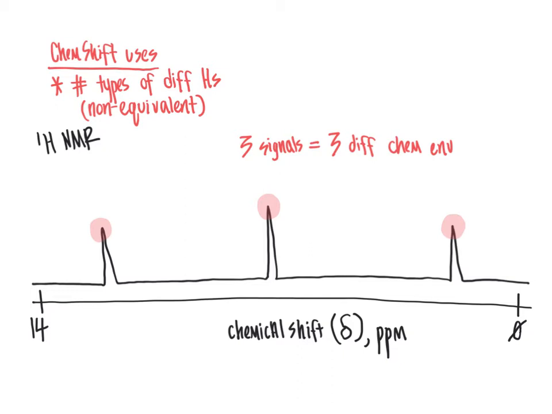So, for example, if we were to look at diethyl ether, this molecule here, I could ask you, how many different signals would we expect to see in a proton NMR spectrum for this molecule? And the number of different signals will correspond to the number of different environments we expect to observe protons within.